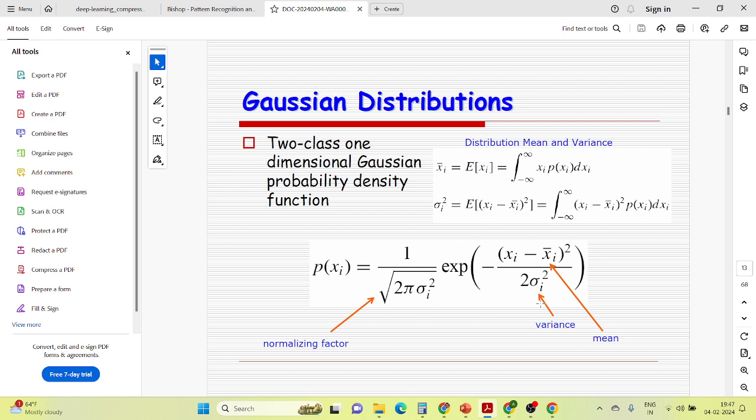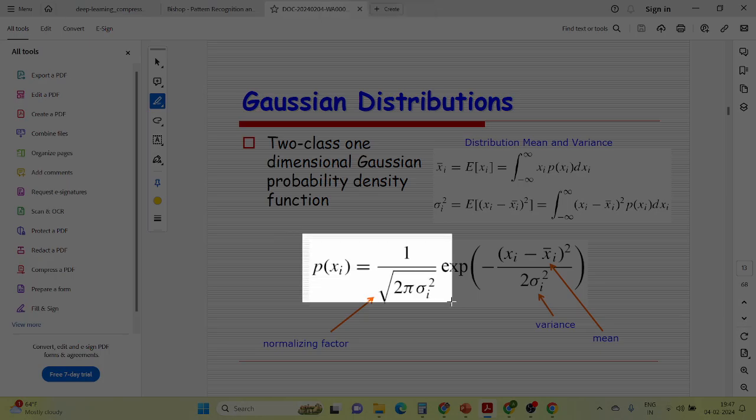This is the form of the Gaussian distribution, which denotes that these xi values, meaning I have multiple xi values, are distributed according to this equation. So what does it mean? Let's have this one.